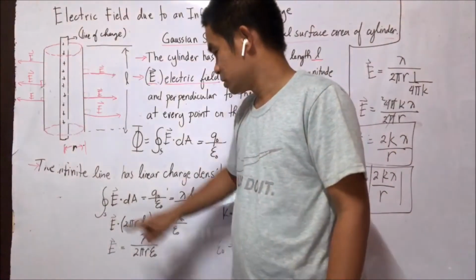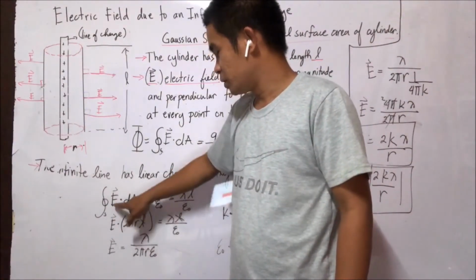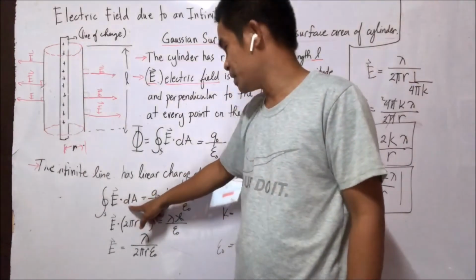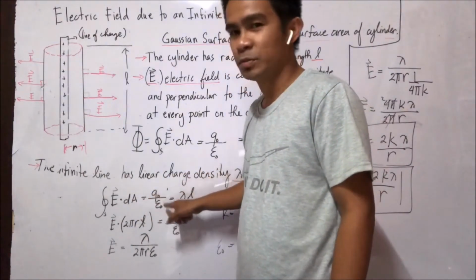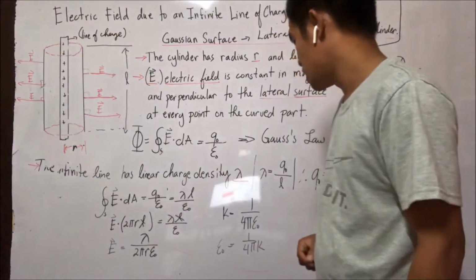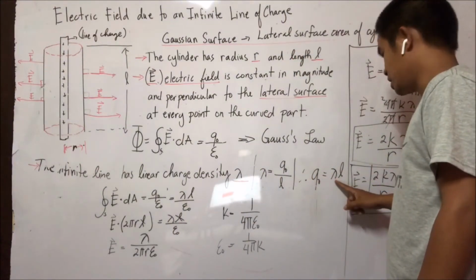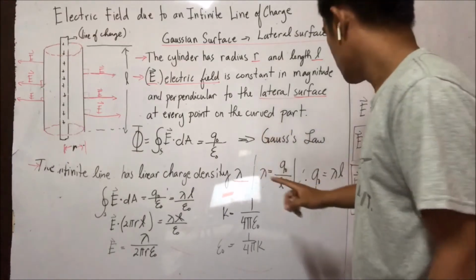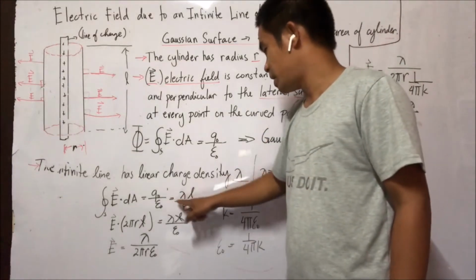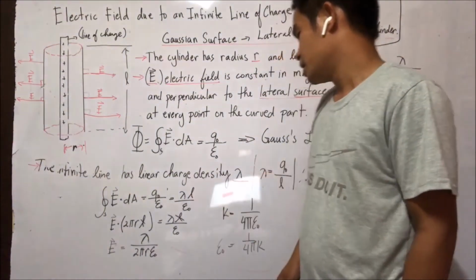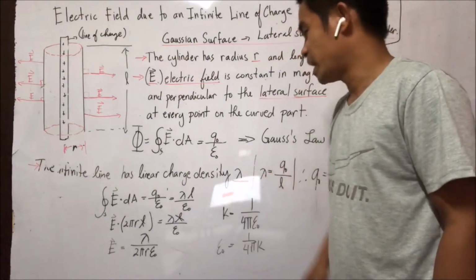In Gauss's law, the closed integral of the electric field dotted with the area element is equivalent to the net charge over the permittivity of space. Since the charge is the charge density times length, we will replace charge by charge density times length, over the permittivity of space.